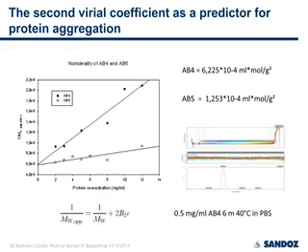You can do light scattering, you can do self-interaction chromatography, but AUC is really straightforward and quite fast. And this also correlates in this case to the aggregation behavior.